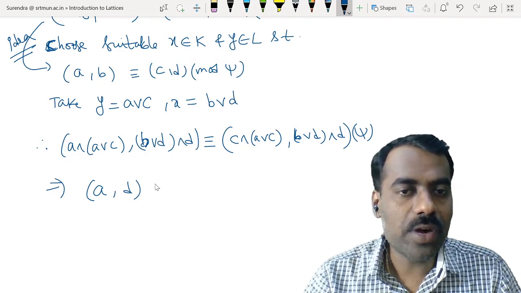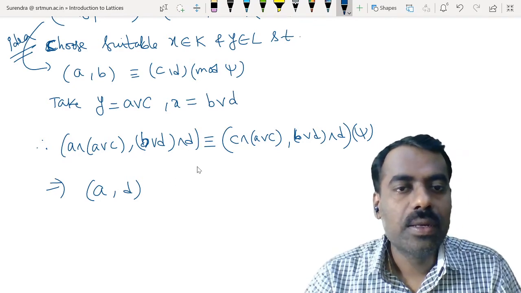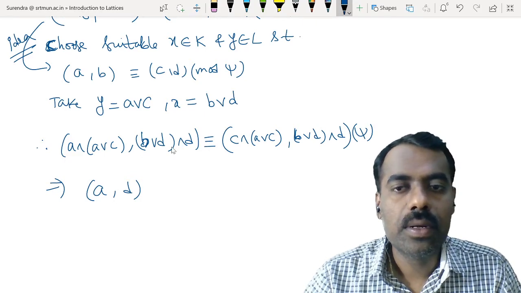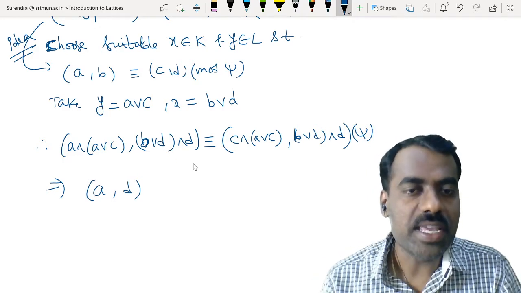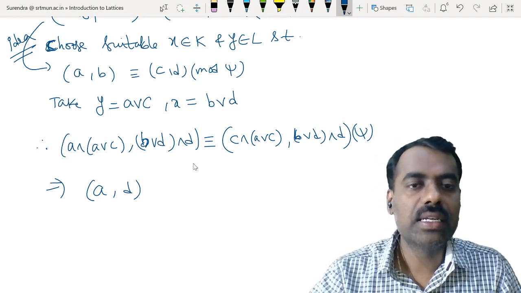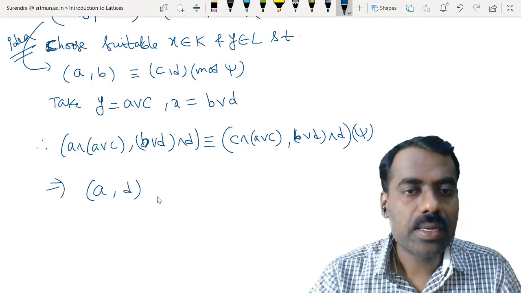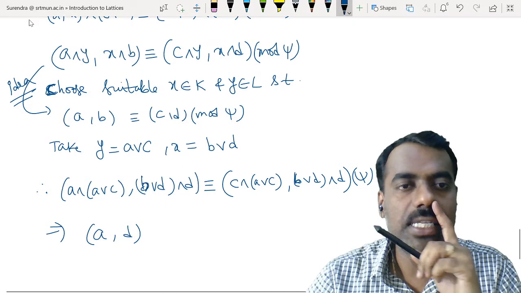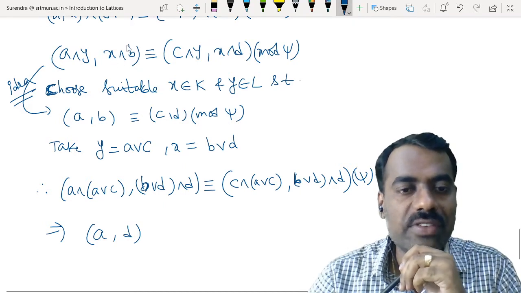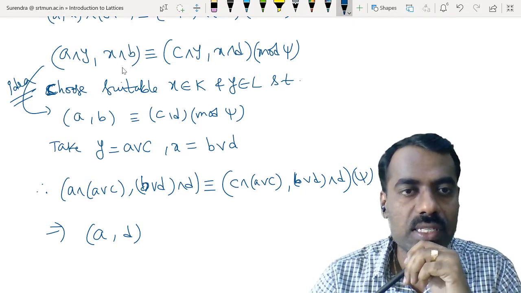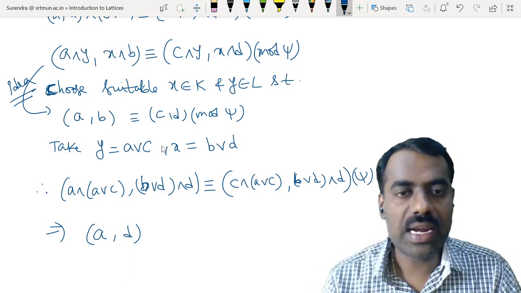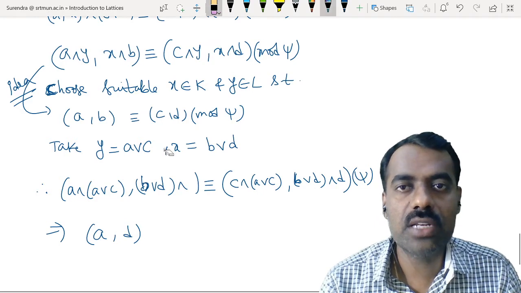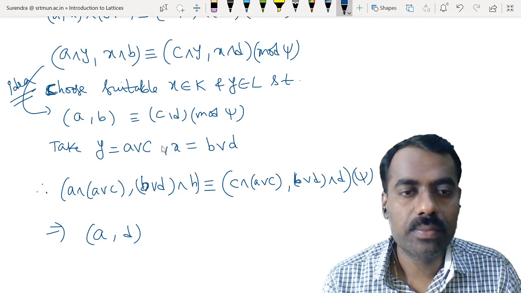But what we want here is b meet d, because here we require b. So just a small thing we want to change in x. I made a mistake while writing, nobody noticed it. Here instead of d it should be b, right?